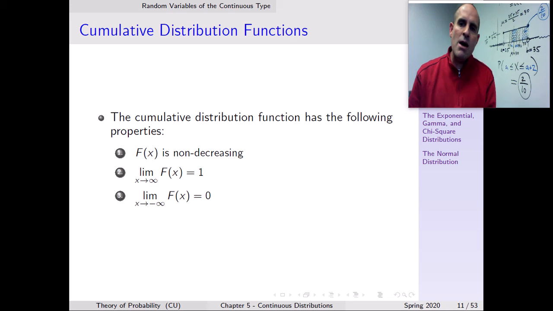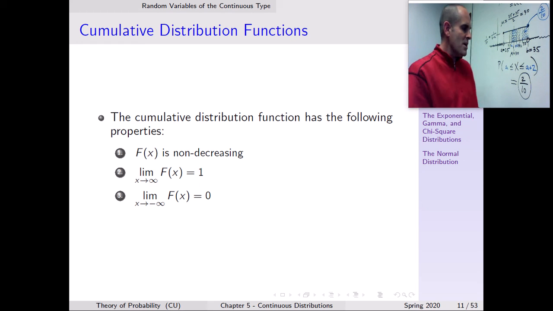So that means it's going up from left to right all the time, and as x goes to infinity, the cumulative distribution function tends to 1. Okay, so that has a limit of 1, obviously, because the probability can't get bigger than 1, and it's always going up. So you're getting closer and closer to 1. And if you let x go to minus infinity, the cumulative distribution function is going to 0.